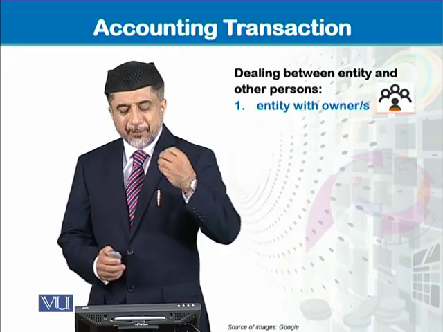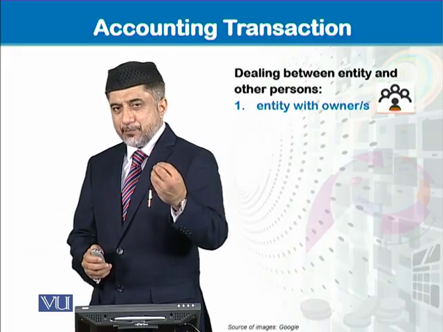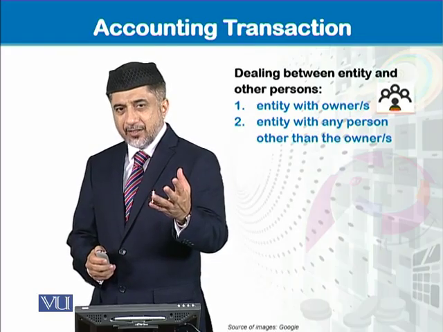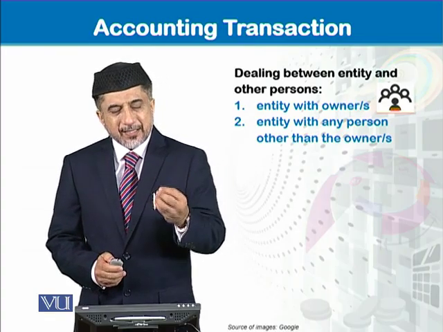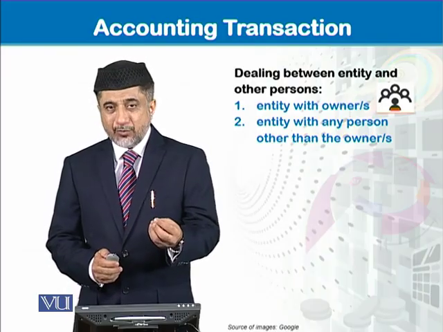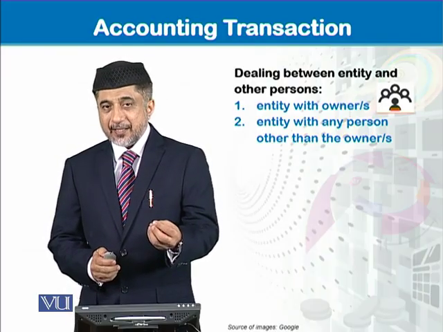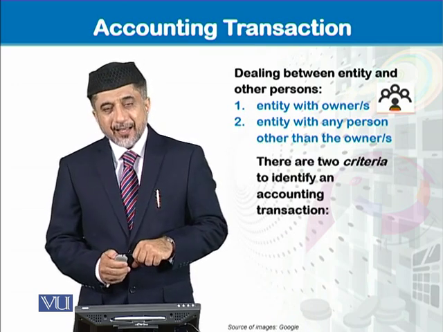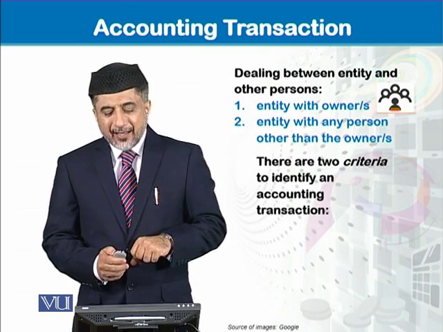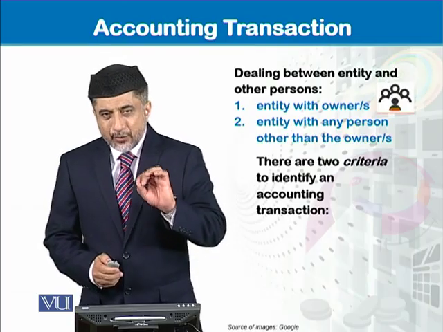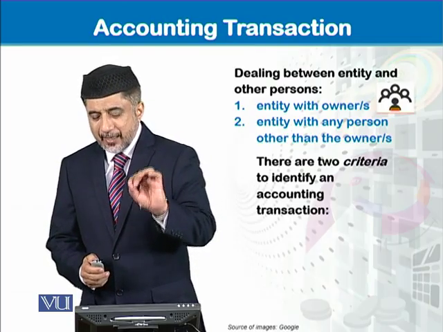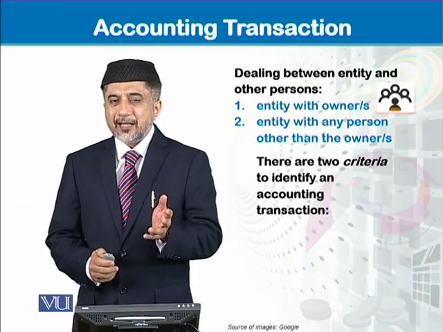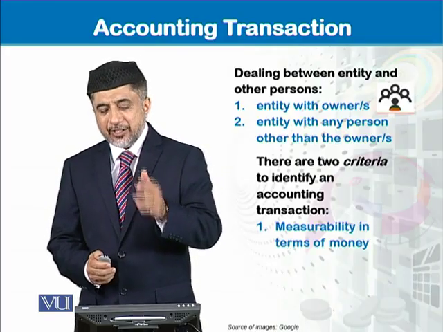So an accounting transaction is a dealing between two parties in which the business entity would be dealing with its owners, or the entity would be dealing with the people other than the owners. So we have to identify two criteria for being an accounting transaction.